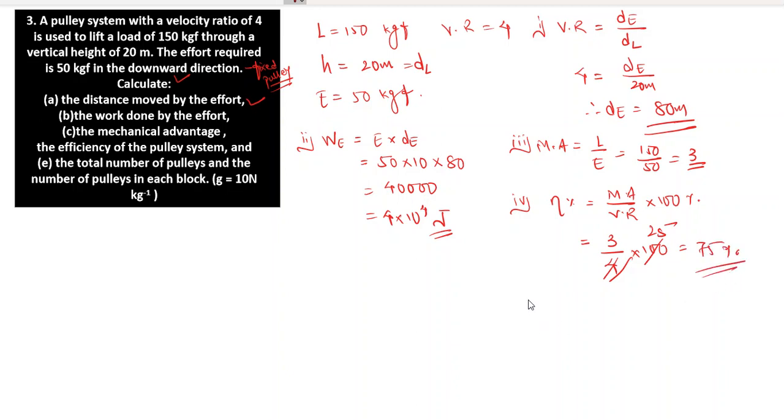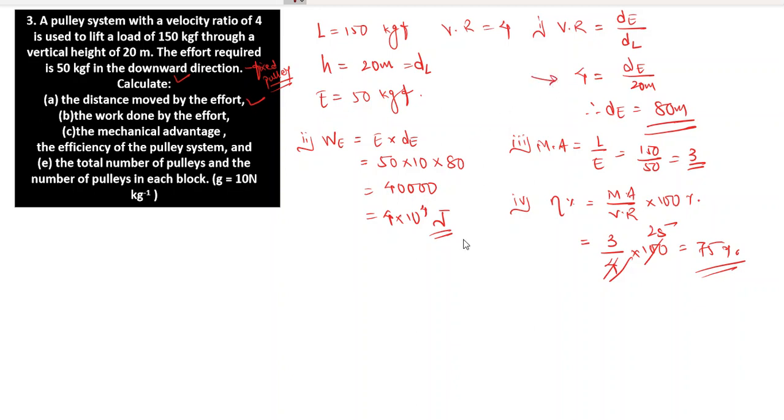And the total number of pulleys and the number of pulleys in each block. Now if this is a block and tackle arrangement, which they have not mentioned earlier, we can find the total number of pulleys. See, the total number of pulleys, if you want to find, you can just look at the velocity ratio.